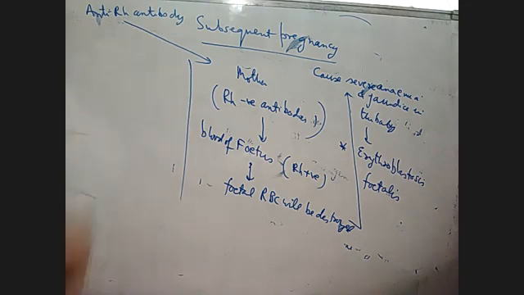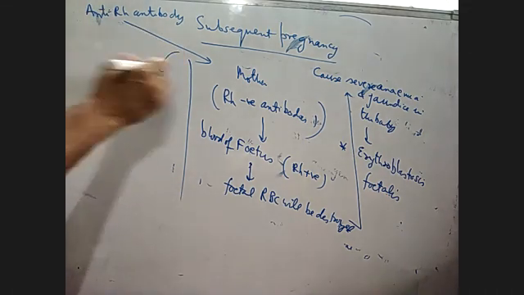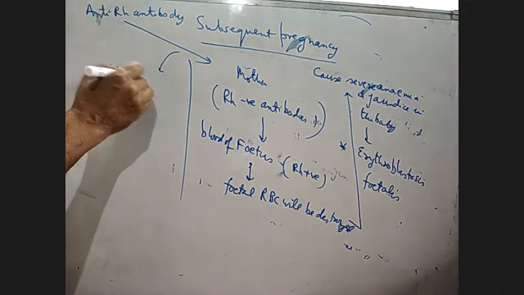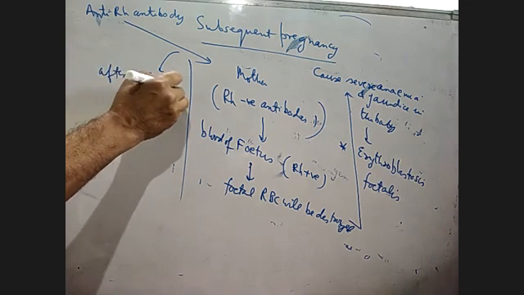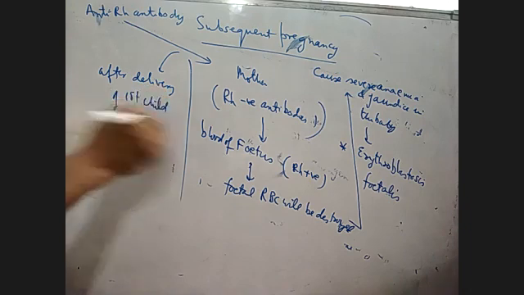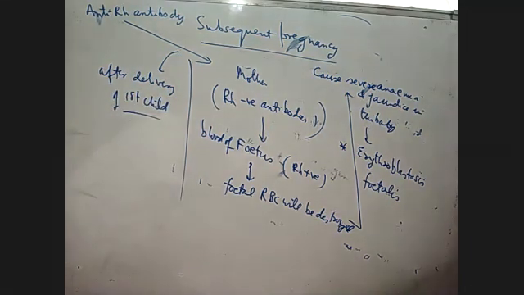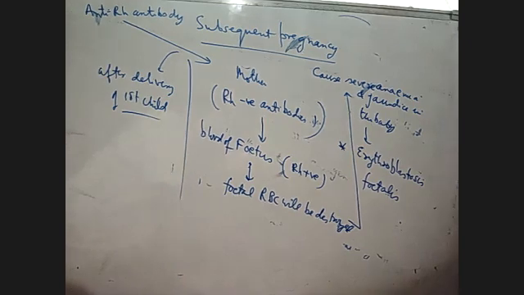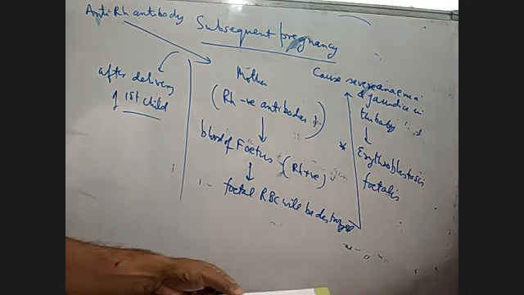If this condition exists, it can be prevented by administering anti-Rh antibody to the mother after delivery of the first child. This is the cure. So this is one of the conditions of the Rh mismatching situation you have seen here, and the disease is called erythroblastosis fetalis. This one you have to understand very well.